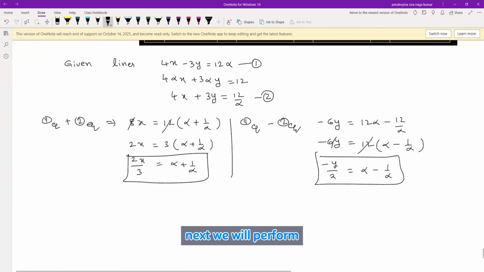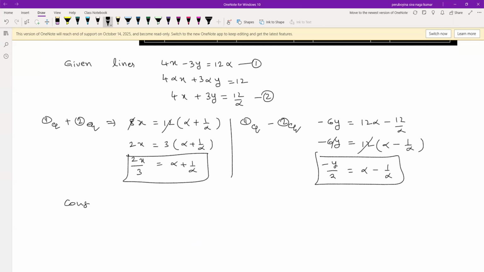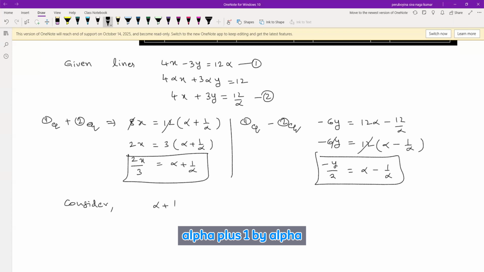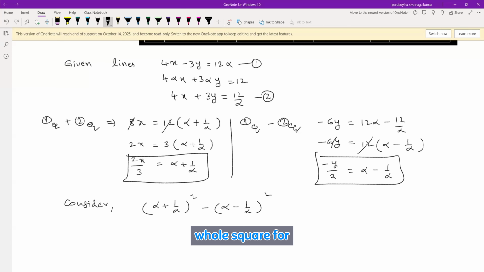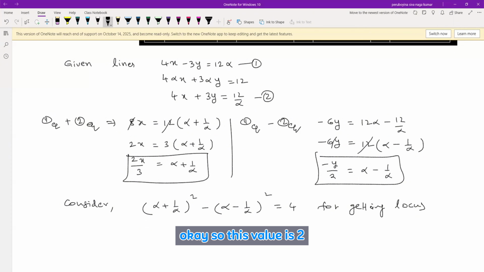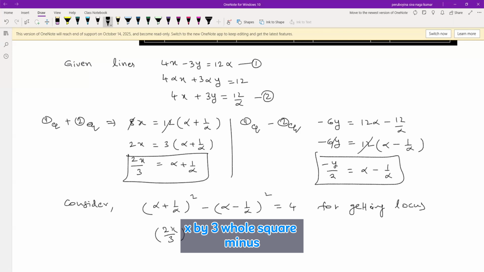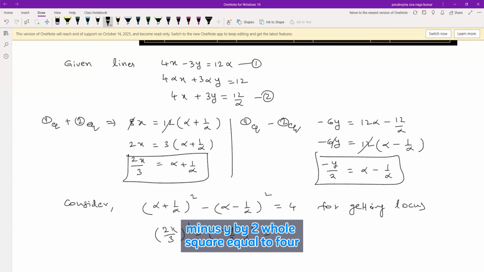Next, to get the locus, we consider alpha plus 1 by alpha whole square minus alpha minus 1 by alpha whole square. So this value is 2x by 3 whole square minus y by 2 whole square equals 4.